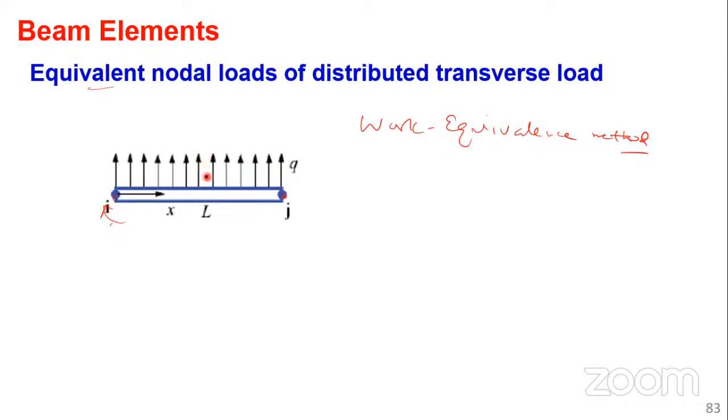So these statically equivalent forces are always of opposite sign from the fixed end reactions. Fixed end reactions are what you've been talking of in other approaches in theory of structures or structural analysis. So in this case the sign convention is in the opposite direction.